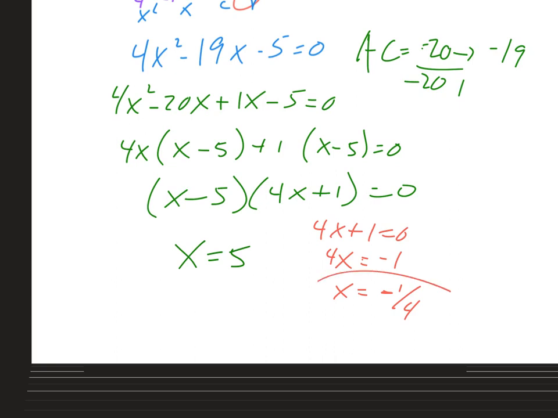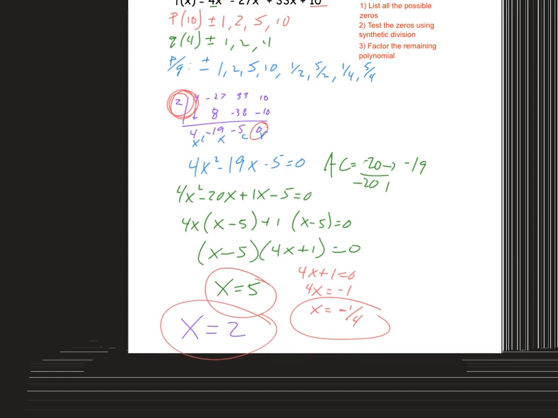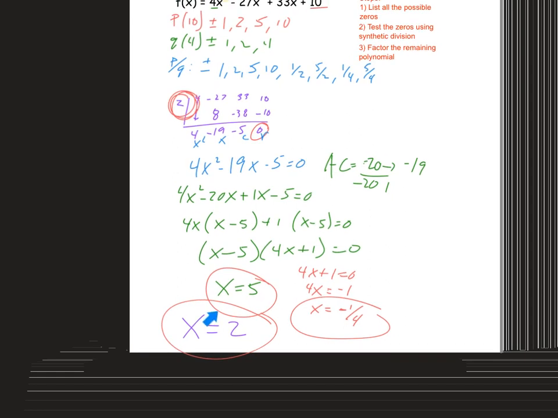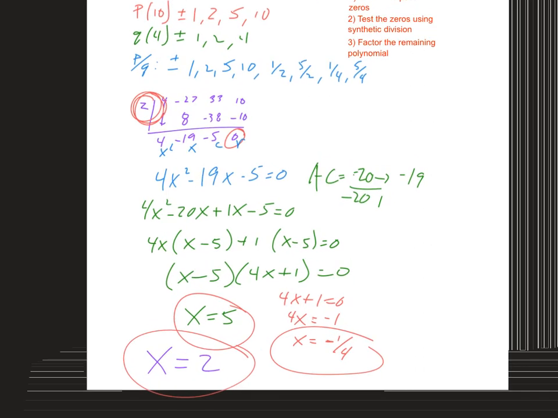So we got negative 1/4, we got 5, and then don't forget about that original guy, x equals 2. And so there are 3 answers, and I'm just going to highlight that they all did show up on our list of P's and Q's. So all our suspects were found guilty.